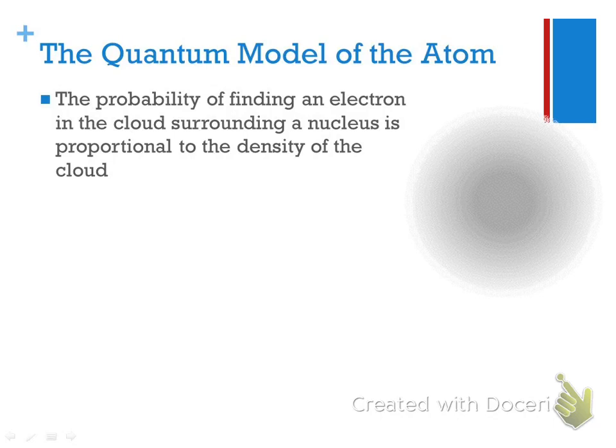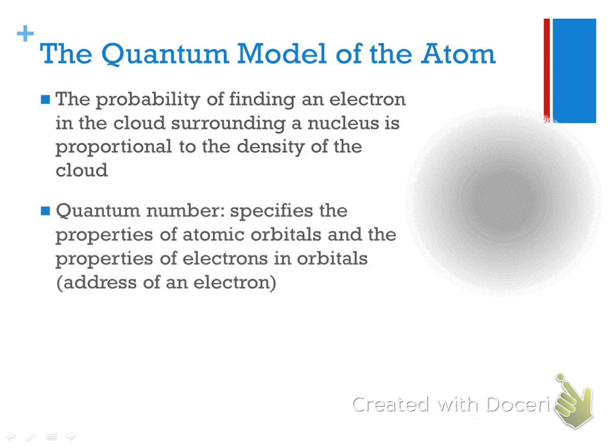So today we're going to talk about something called the quantum number, an electron's quantum number. Every single electron within an atom has its own specific quantum number. The quantum number for an electron is kind of like its address. Where can it be located? The quantum number specifies the properties of the orbitals and the properties of the electrons within the orbital.